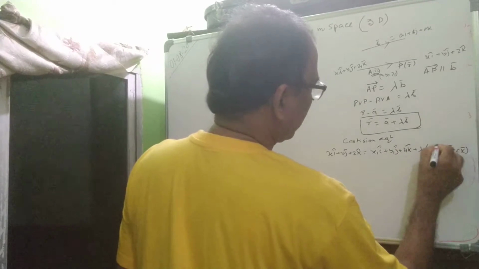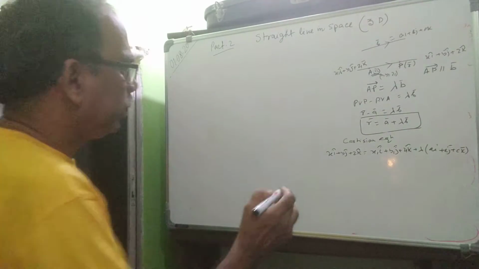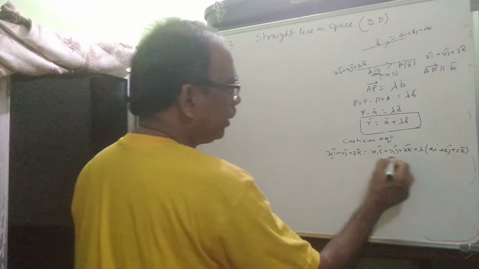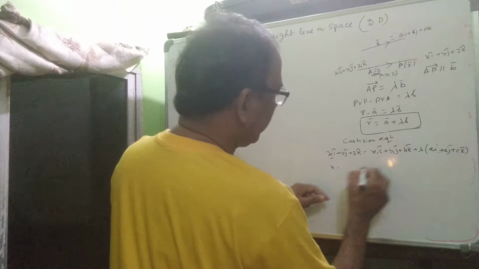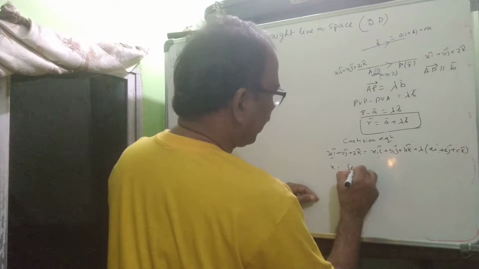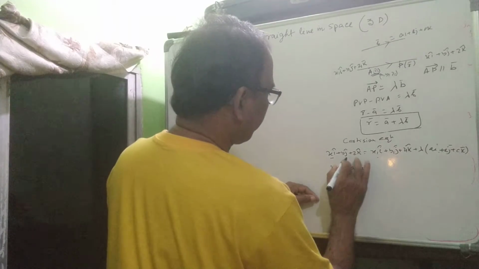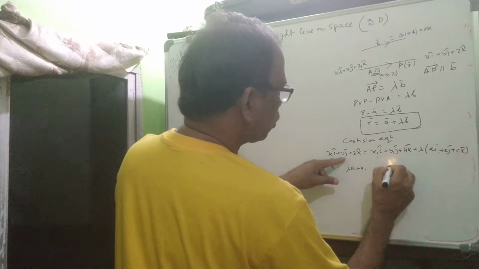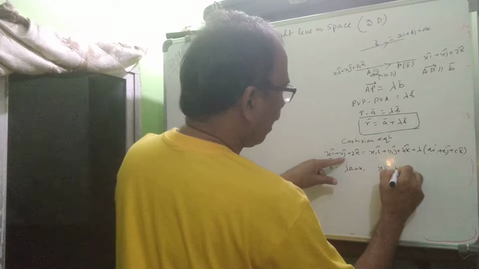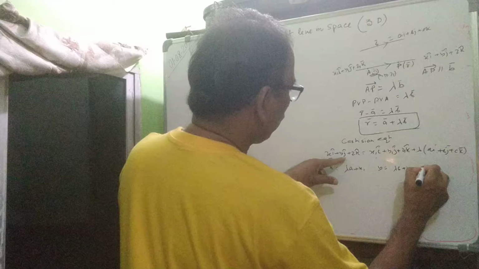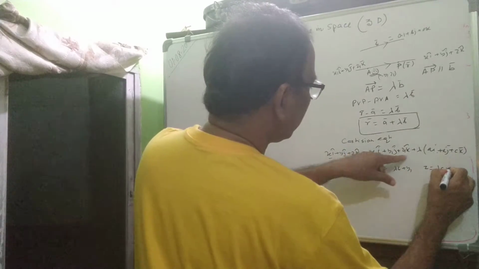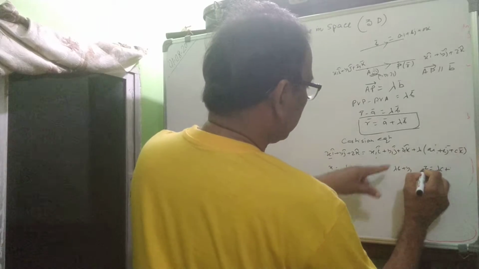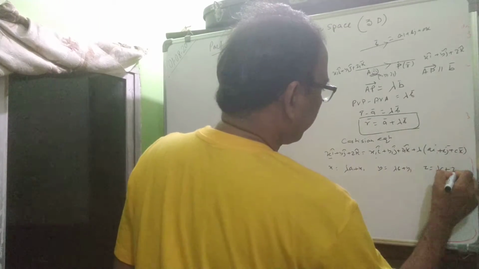which is ai plus bj plus ck. Now we can compare the coefficient of i with this coefficient of i. Then x equals lambda a plus x1, y equals lambda b plus y1, and z equals lambda c plus z1, comparing the coefficient of k.